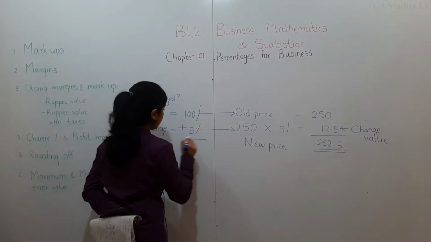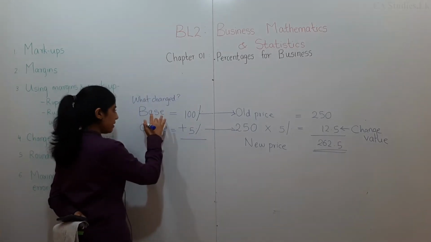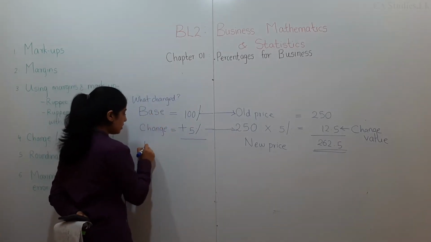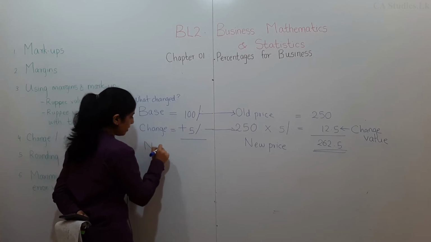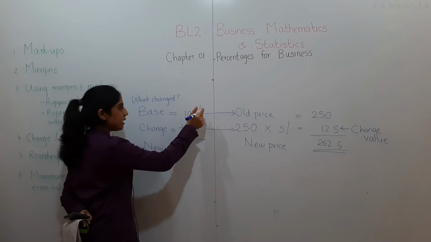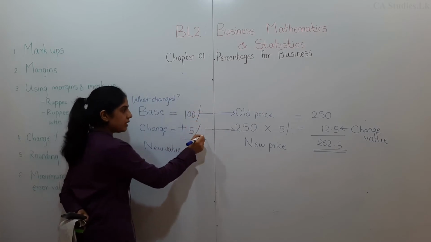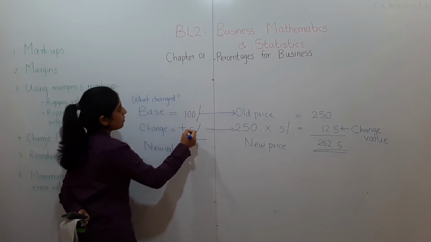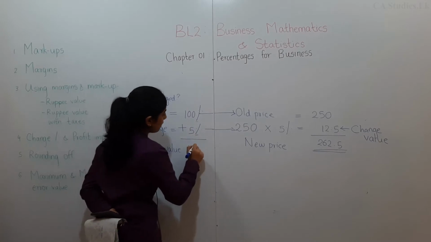Then take your new base change, then the new value. In percentage terms that will be 100% plus 5%, 105%.